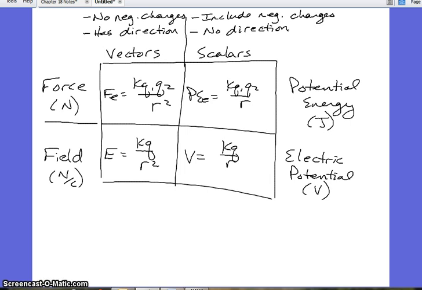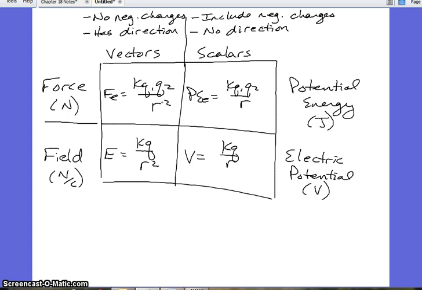Now the similarities we see in force and potential energy, they're both KQ1 Q2 over. Here we're just dropping the square. So when we move over to scalars, all we do is drop the square. And so if it only has an R, we include the negatives and we do not have a direction associated with it.